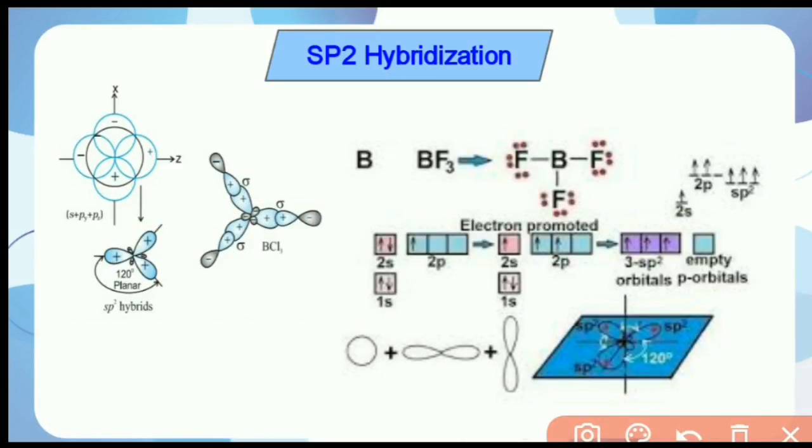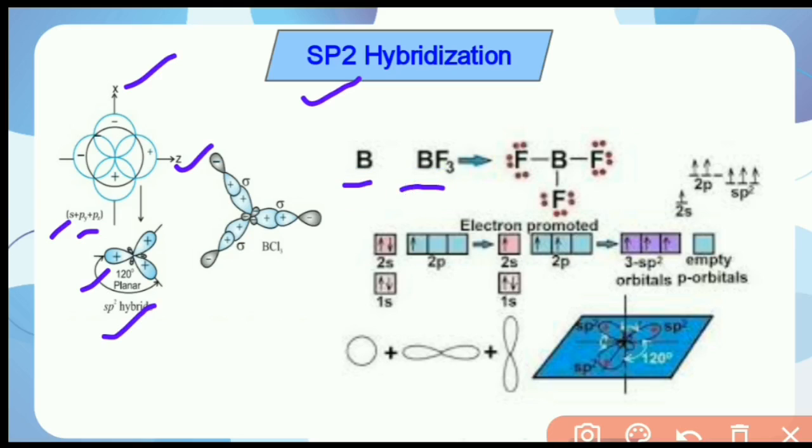The next type of hybridization is sp2 hybridization. In this hybridization, one s and two p orbitals, px and py, intermix and form three new sp2 hybrid orbitals, arranged in a trigonal planar shape, and the angle between two hybrid orbitals is 120 degrees. For example, BF3. Here boron is the central atom.